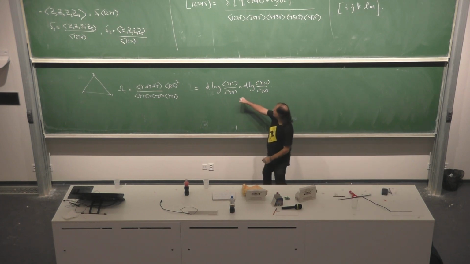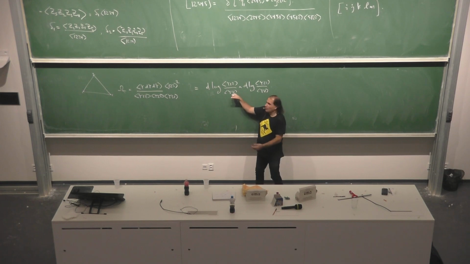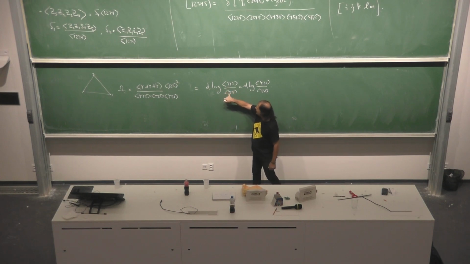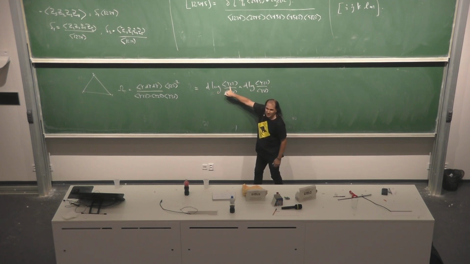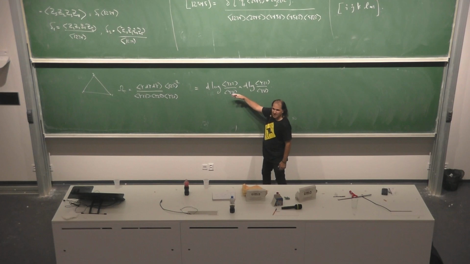See, if you're going to write it as a d log form, it has to be some ratio of things, right? Because everything has to be invariant under rescaling in y. But you have to choose somebody special. 31 is special, and it's the ratio to the other ones. And you could choose anyone to be special, and you'll get the same answer up to sign.